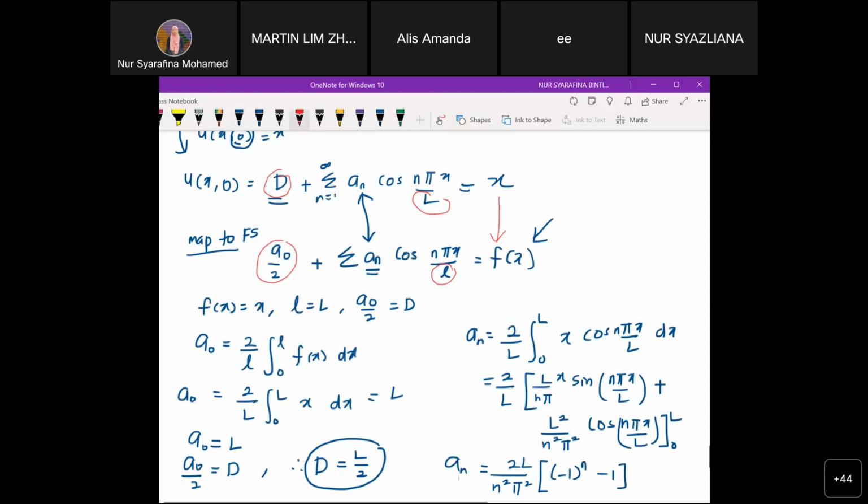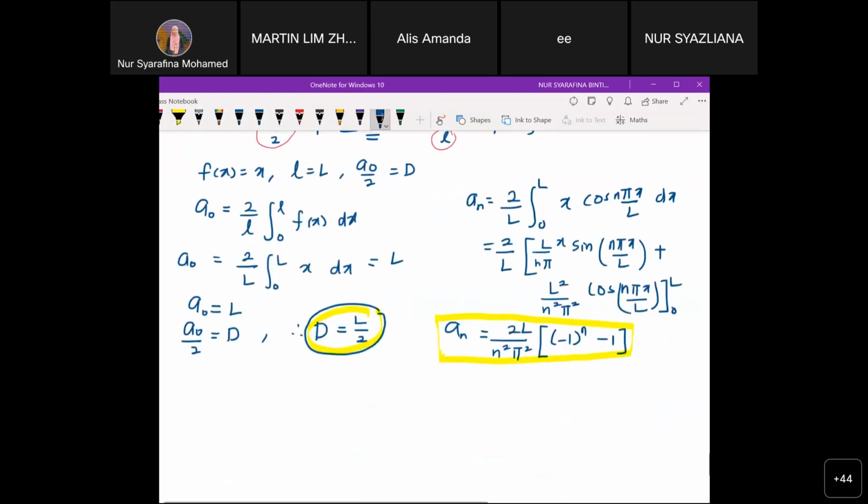Now you have your D and you have your A_n. Substitute this D and A_n to give you a full solution of u(x,t).